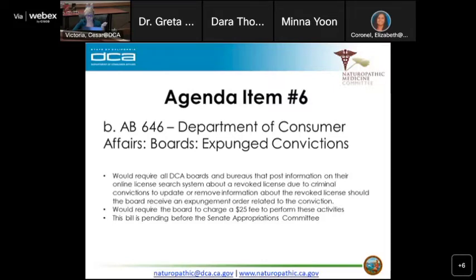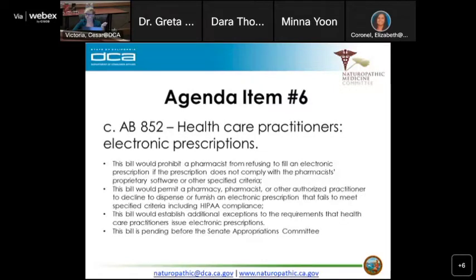Next slide. AB 852 was recently amended to remove all provisions unrelated to electronic prescribing. There was a lot more in this bill previously about nursing practices, but currently now it would prohibit a pharmacist from refusing to fill an electronic prescription if the prescription doesn't comply with the pharmacist's proprietary software.